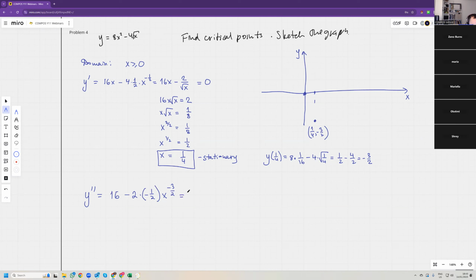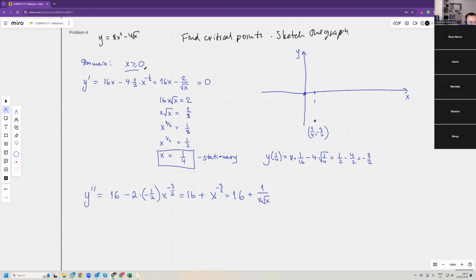So that is 16 plus x to the power minus 3/2, which is 16 plus 1 over x root x.